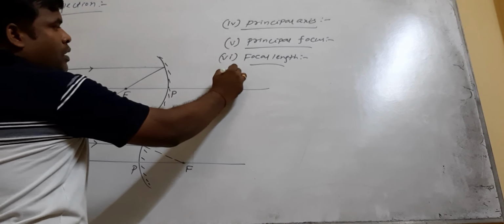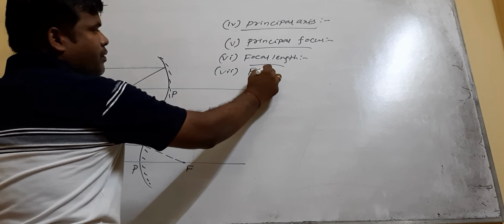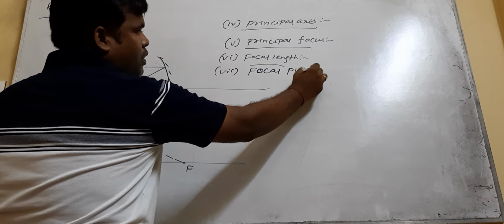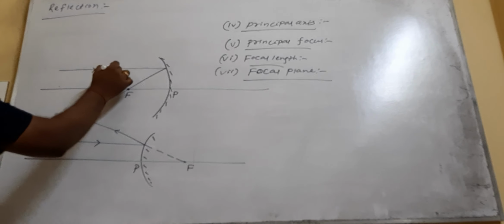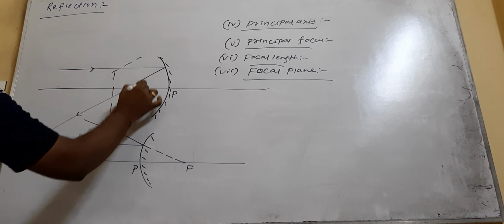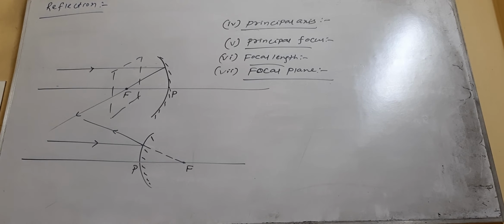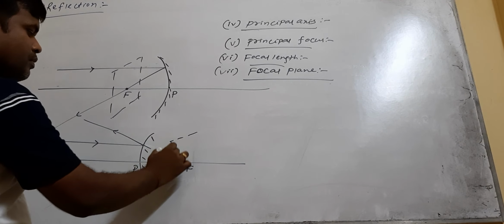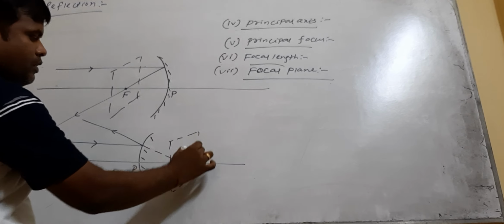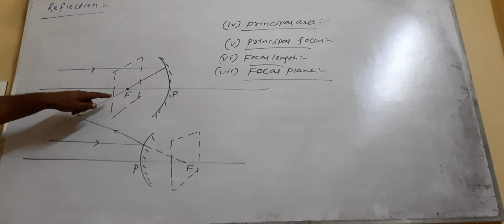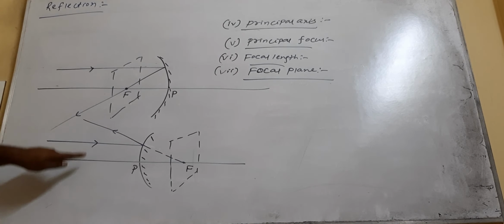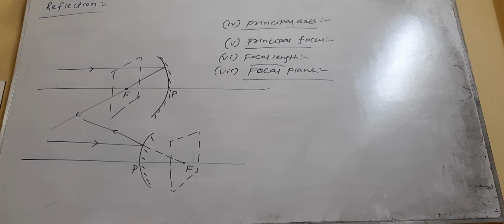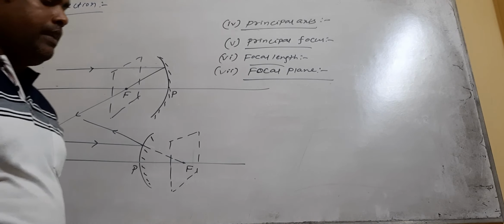Now, focal plane. What is focal plane? The vertical plane passing through the principal focus is called the focal plane, or the plane passing through the principal focus and perpendicular to the principal axis is called the focal plane.